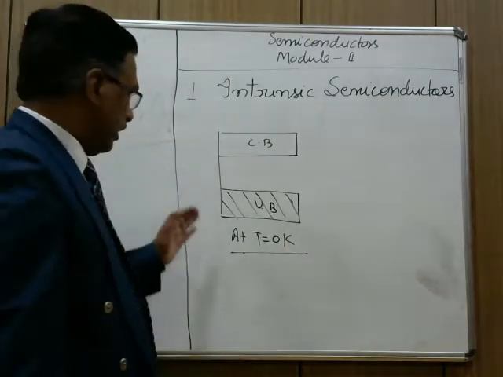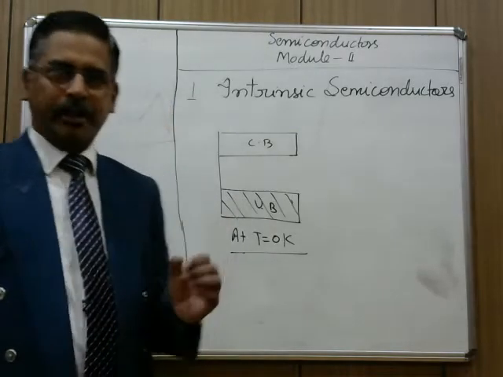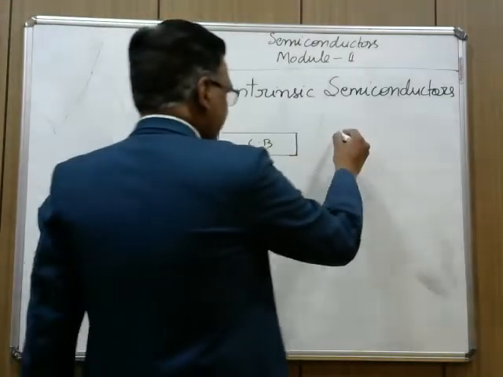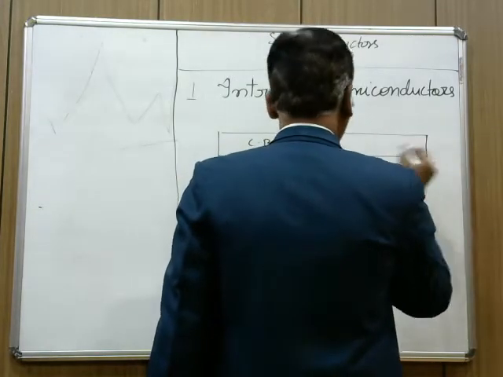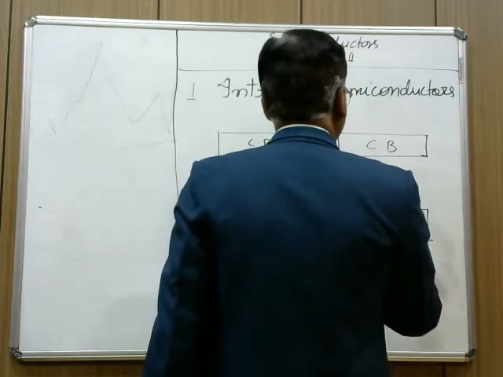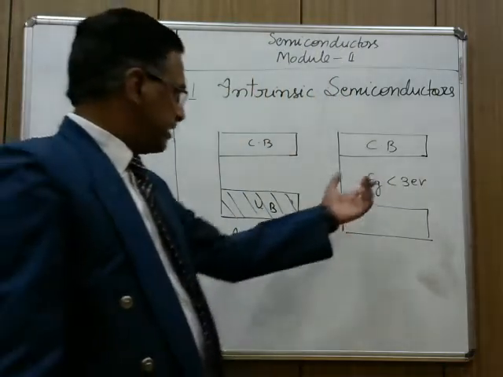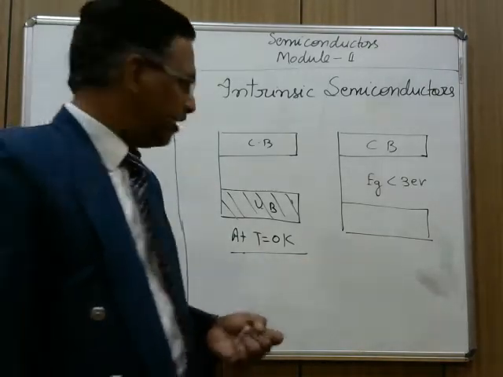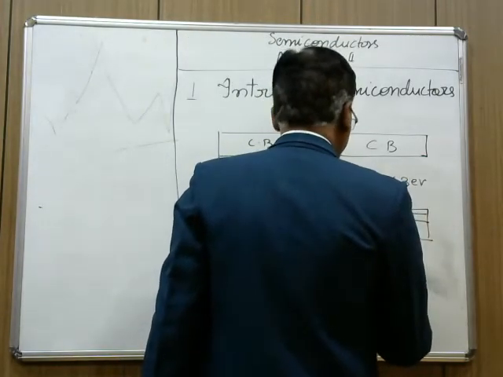But now, since we have the description of all the details, we have learnt about holes and electrons. We will not follow this in subsequent modules. This will be replaced like this. This is the conduction band. This is the forbidden energy gap, lesser than 3 electron volt. If you consider germanium, it is 0.7 electron volt, silicon 1.1 electron volt. Now see the difference.